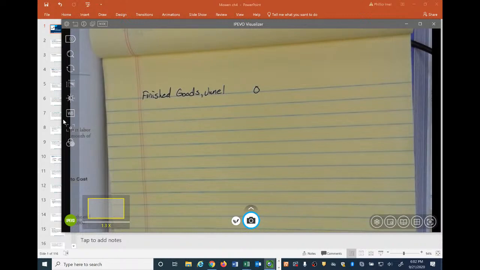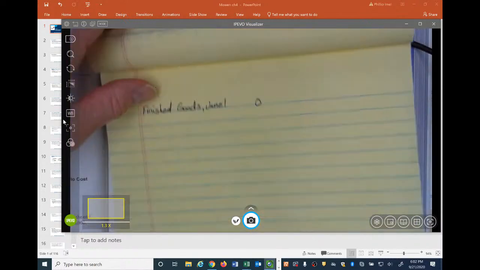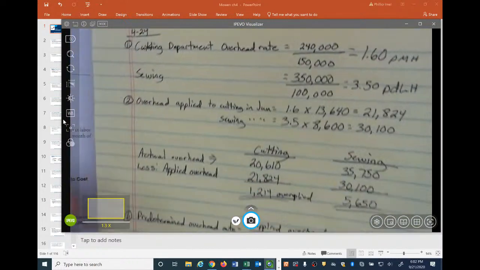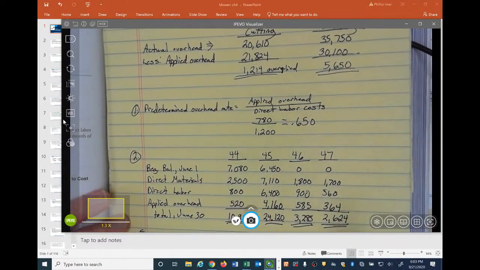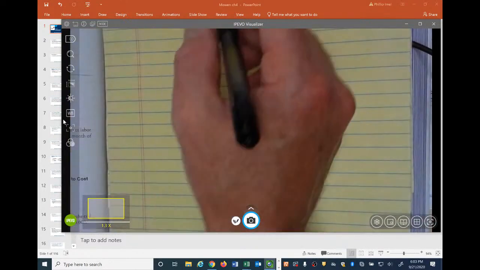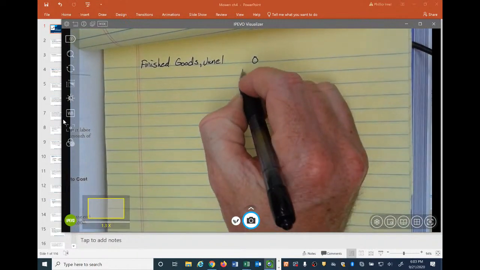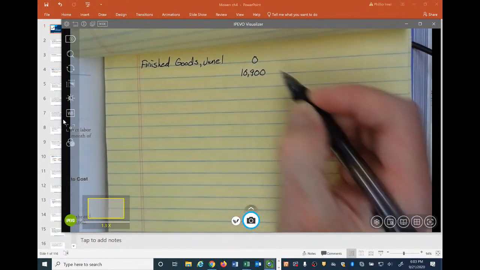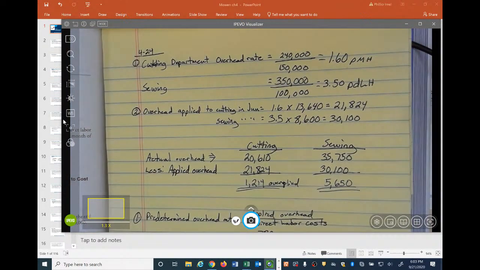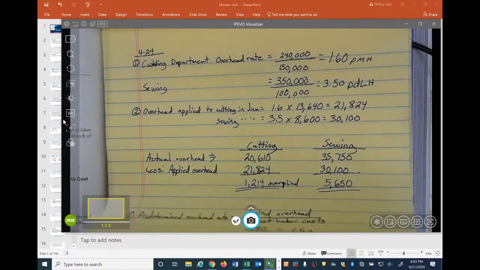So obviously, finished goods June 1, nothing. Then we just add up jobs 44 and 47. So 44 was 10,900. So I'll add that back in. And then what was the other one? Was 47, 2,624. We add that one as well.